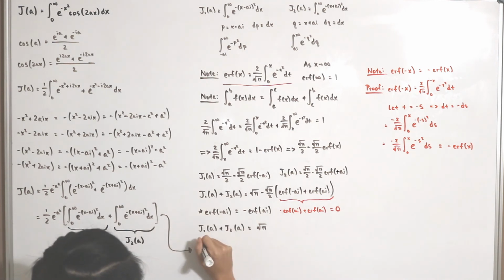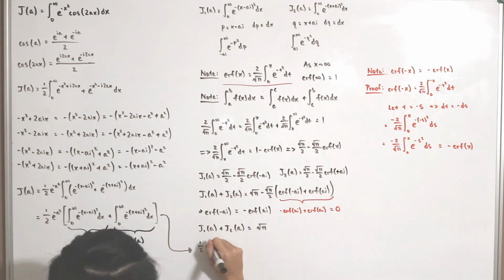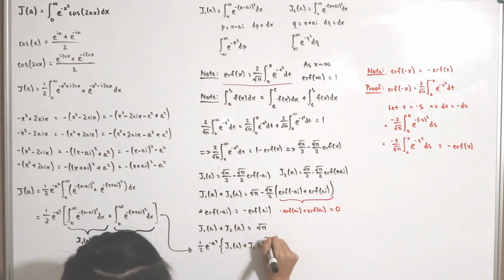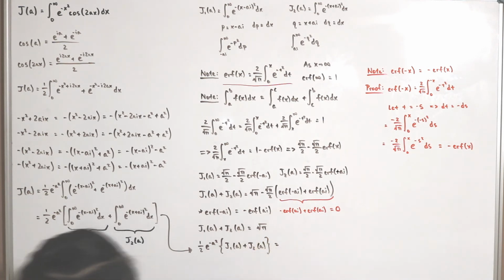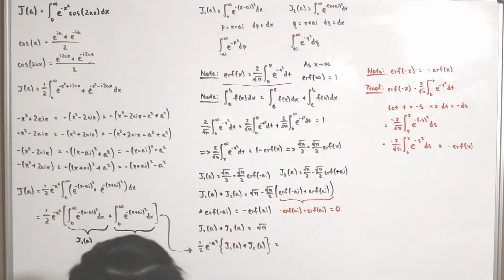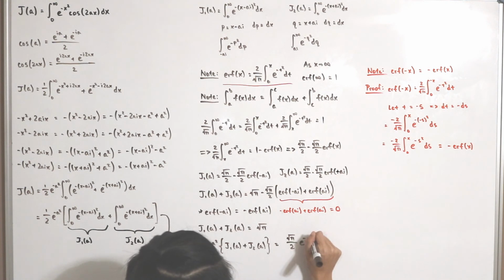That means 1/2 e to the negative a squared times J1 of a plus J2 of a is equal to, replacing with square root of pi, the square root of pi divided by 2 times e to the negative a squared.